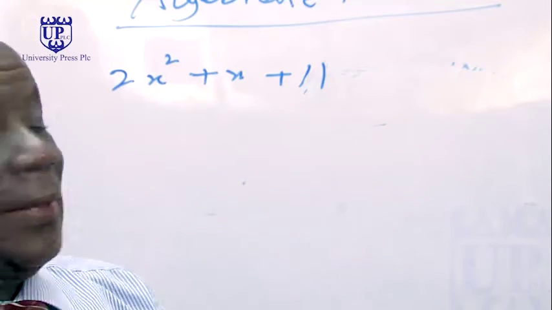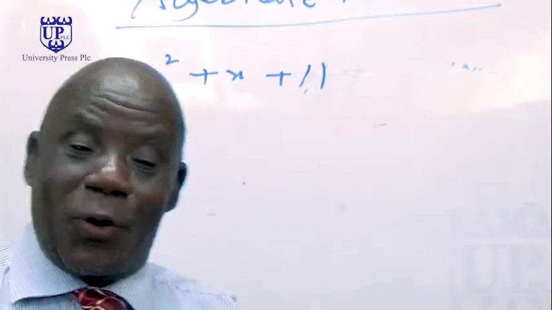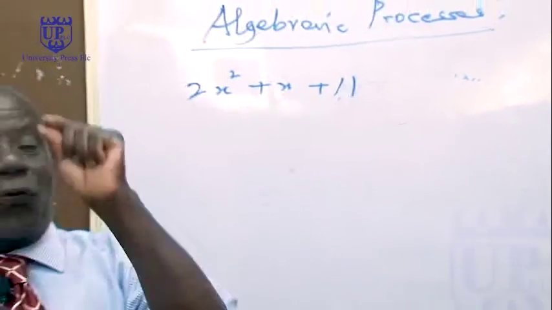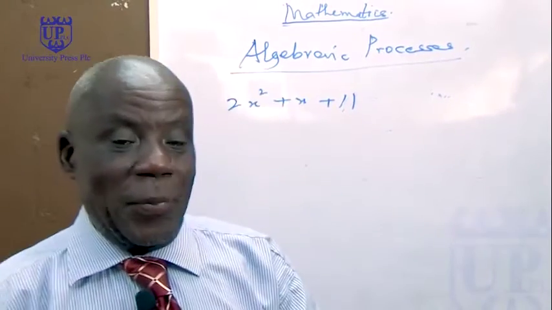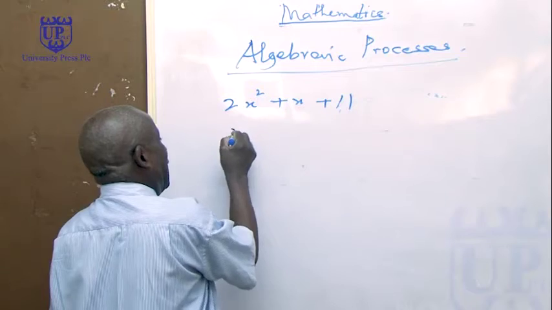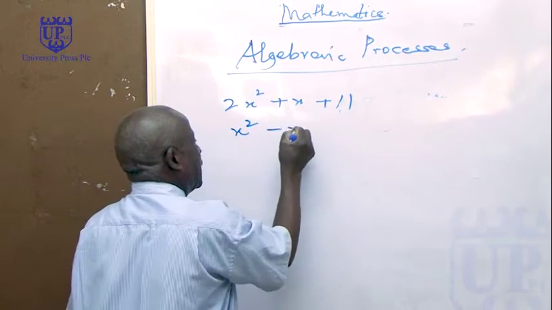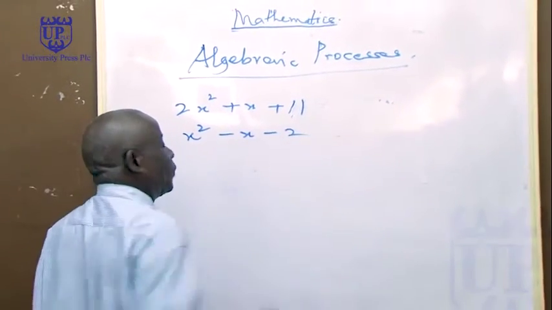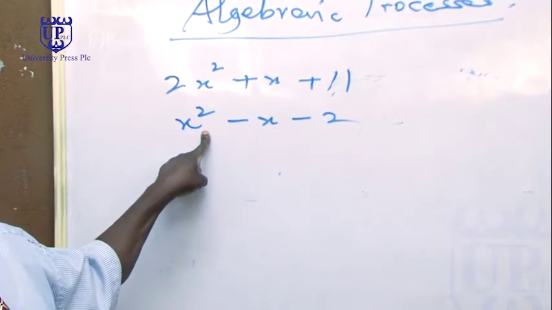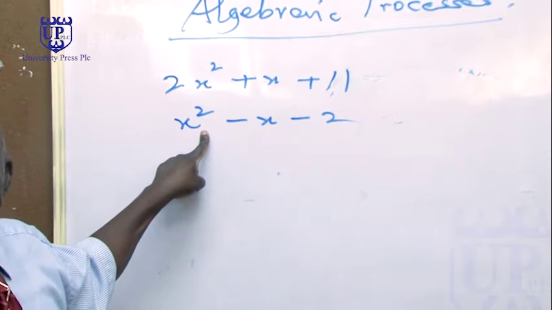I will explain that when I get to what we call the discriminant. That is what determines factors. But if you look at this, x squared minus x minus 2, this one has rational factors.